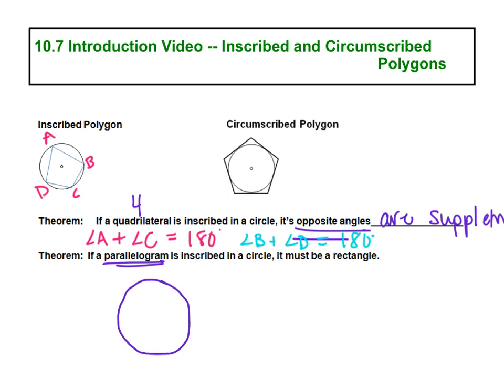So in this quadrilateral up here, you can see the opposite sides are not parallel, but if opposite sides are parallel, then basically what's going to happen is it is going to form a rectangle every time. So if those are parallel and if these are parallel to each other, so if it's a parallelogram, the parallelogram will be a rectangle. All right, those are your two theorems.